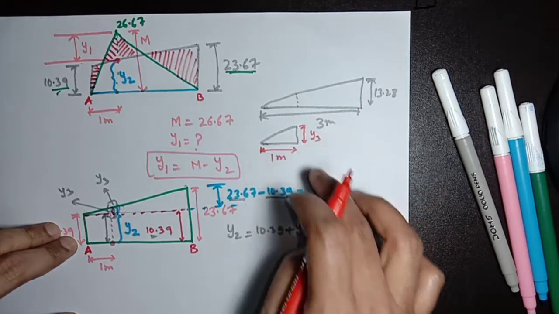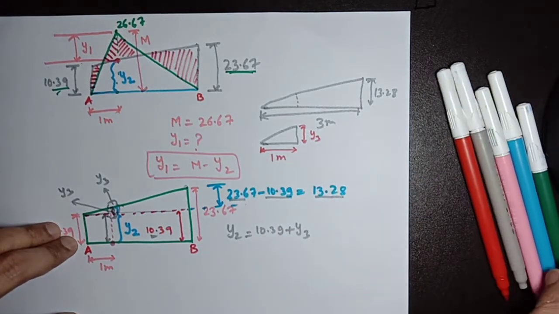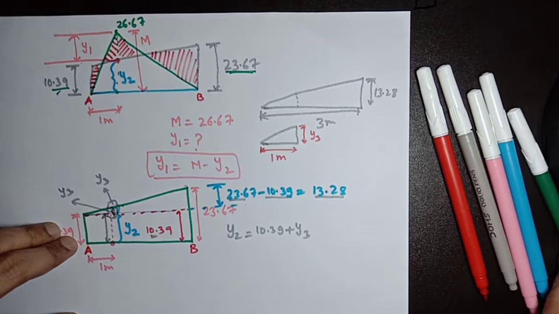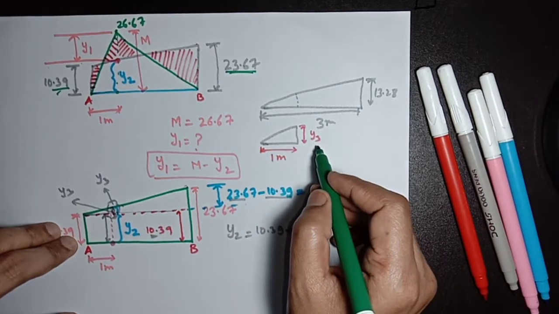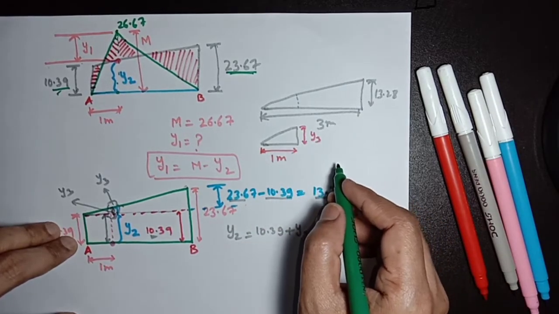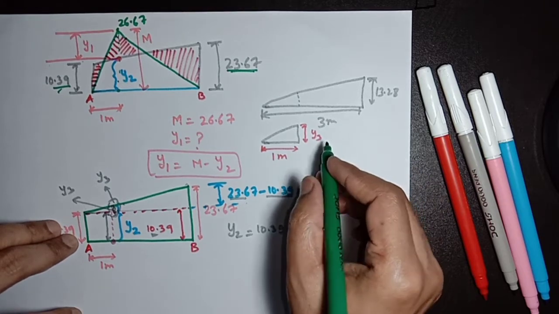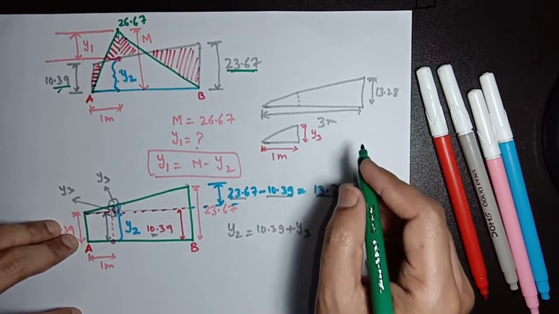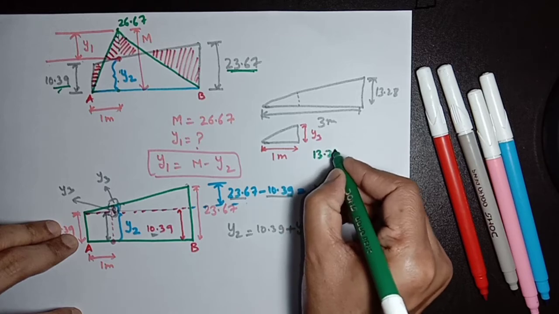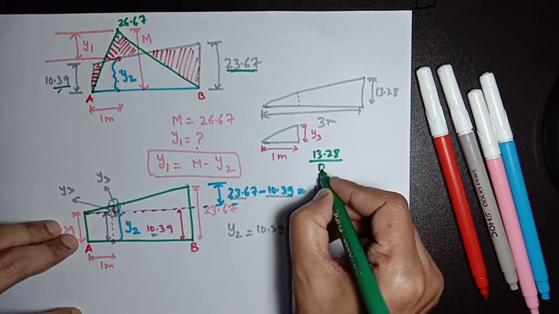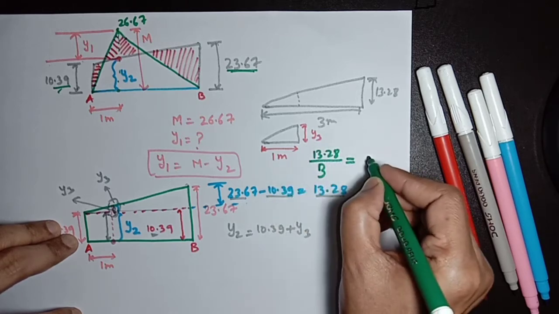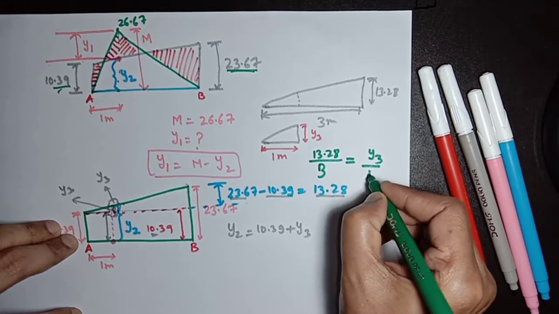We need to find out this value y3. From similar triangle, 13.28 divided by 3 equals y3 divided by 1.